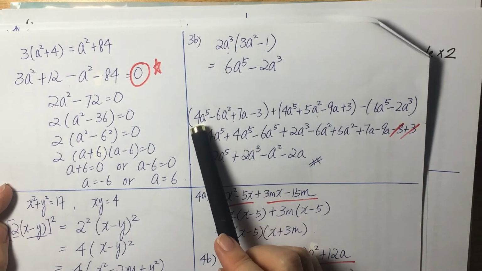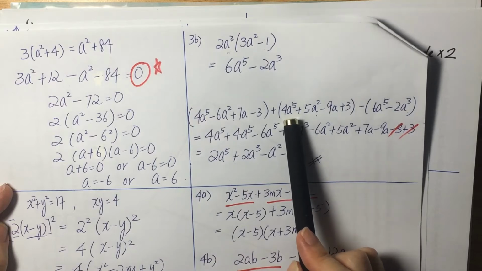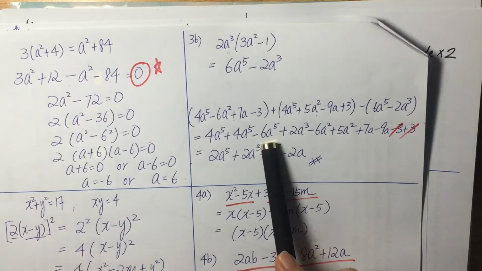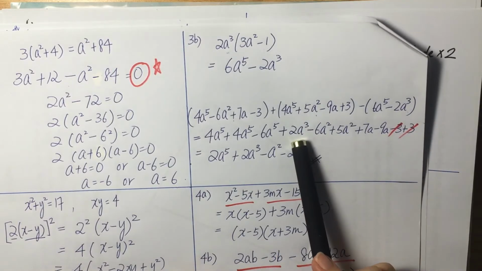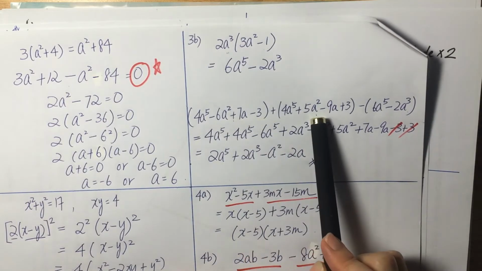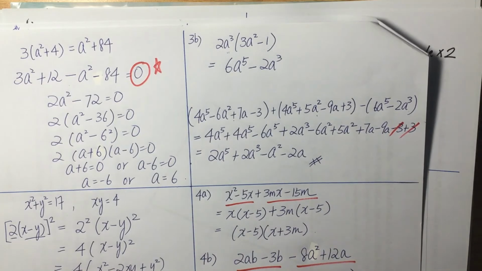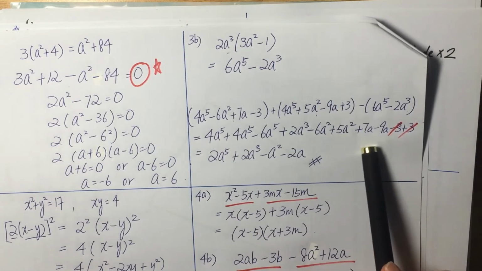So you group them: a power 5, a power 5, a power 5. So you have 3 terms of a power 5. Then next is a power 3, there's only 1 term. And a power 2, there are 2 terms also, so you put them together. Then next is a, and then next is the constant term. So you will arrange them in descending order.